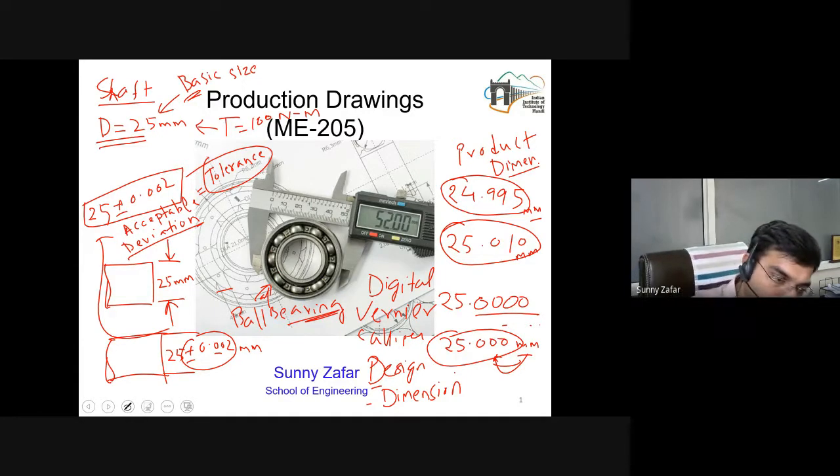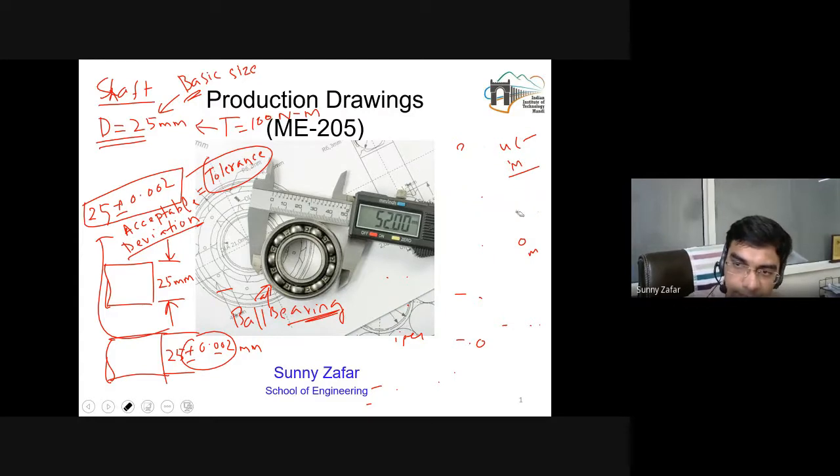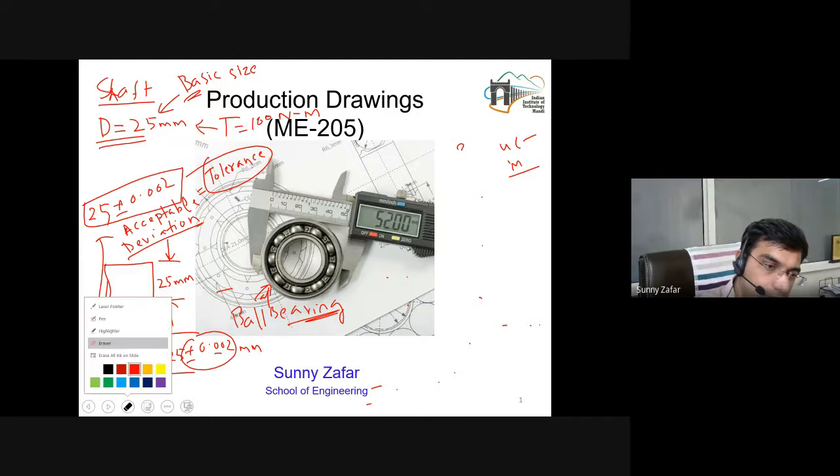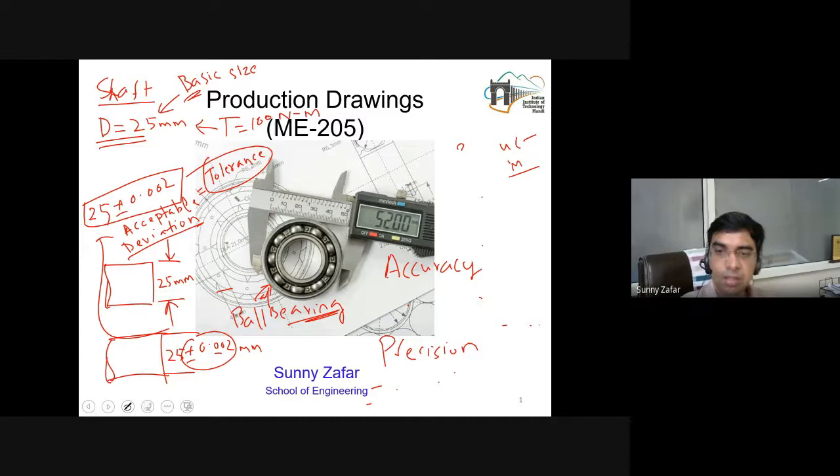Again, we are coming to two more important terms, about which many of you may or may not have clarity: accuracy and precision. Accuracy means you are always producing the exact same size, always equal to the basic size.